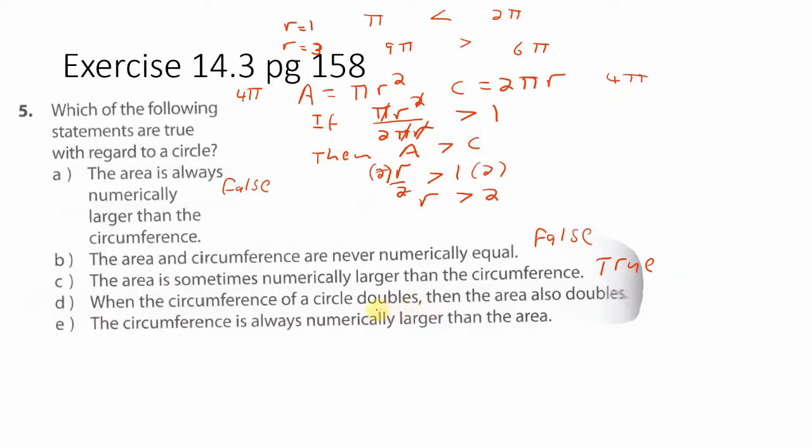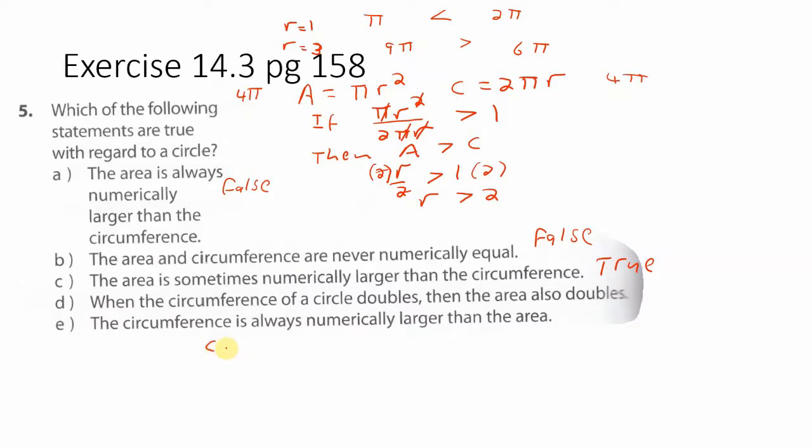Okay, so let's look at the circumference. Basically if the circumference doubles, the circumference now has to be 2 times. Let's just do this.